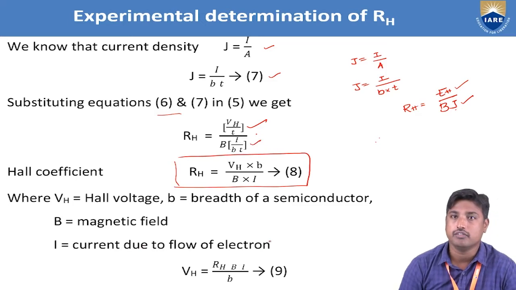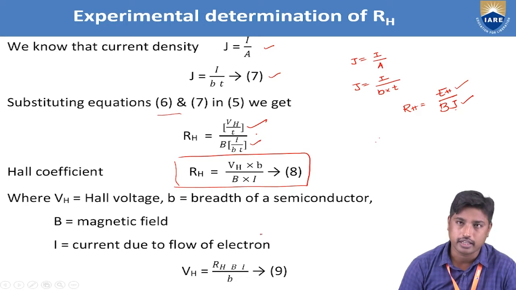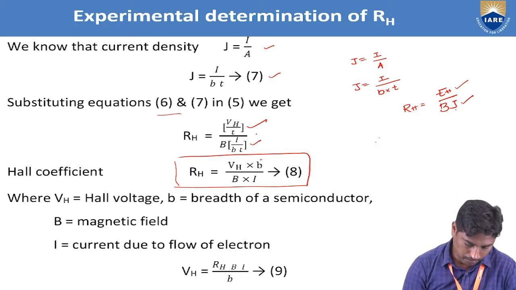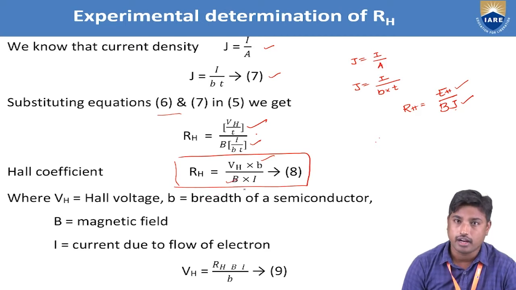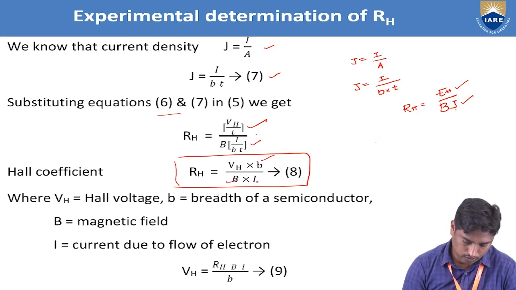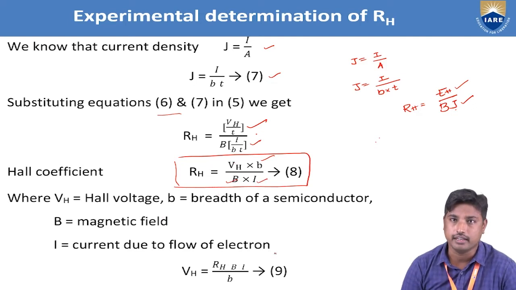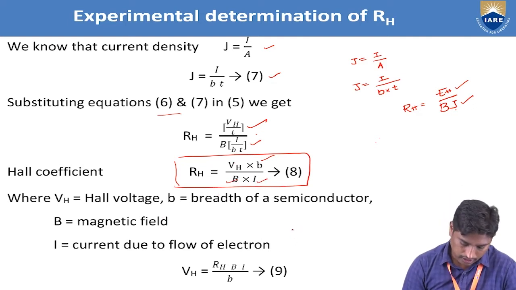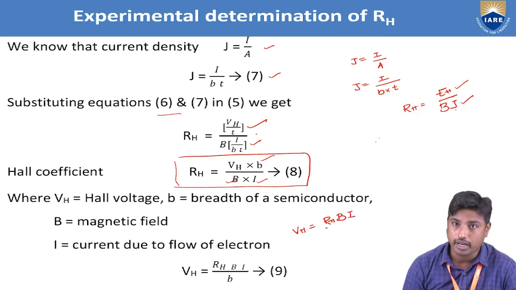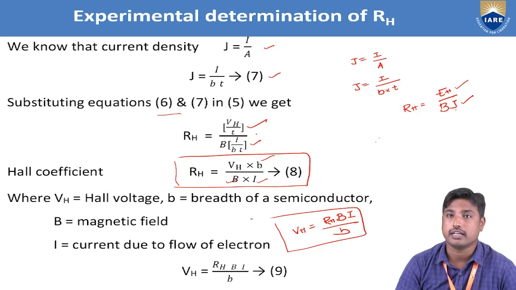So by substituting that, we get the Hall coefficient equation: R_H equals V_H into b by B into I. Here b is the breadth of the sample and B is the magnetic field. I is the current due to flow of electrons. V_H is the Hall voltage developed across the material. So from that relation, V_H equals R_H into magnetic field B into I by b, where b is the breadth of the semiconducting material.